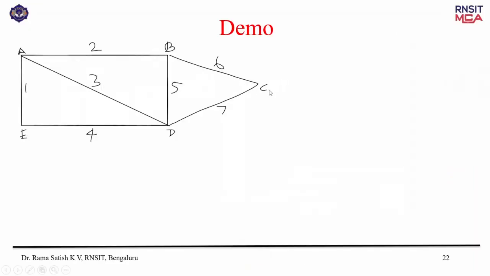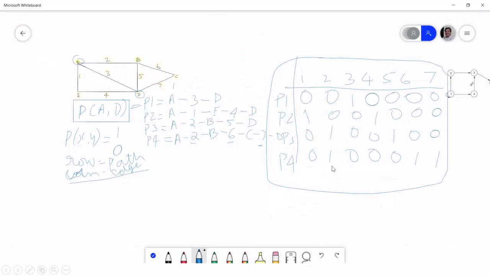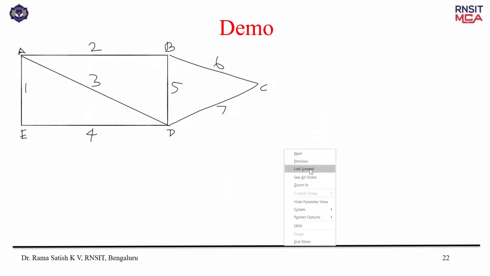If you look at this one, we get the same path matrix between A and D. I just copy it and paste it here.